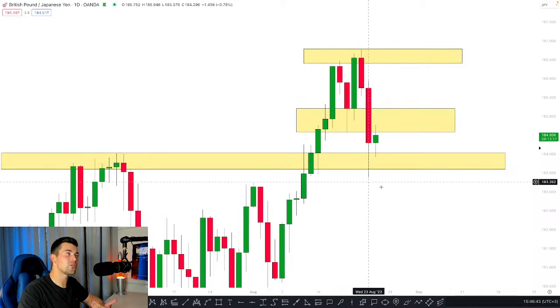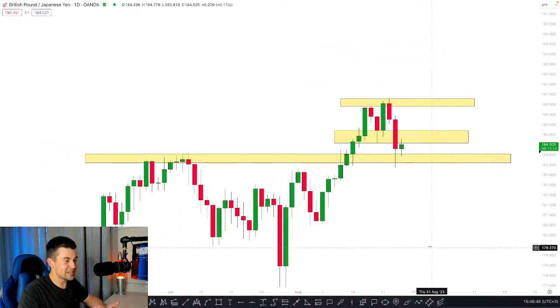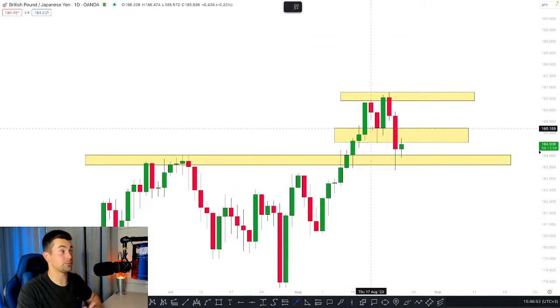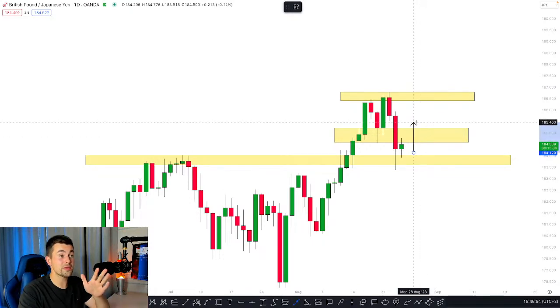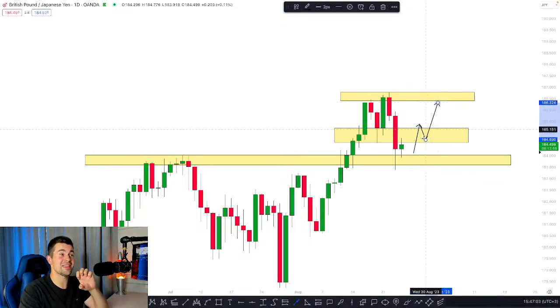So, from a current perspective, the pound yen pair still looks bullish, and your bullish confirmation here on pound yen will be the bullish breakout of that horizontal resistance series. If the price violates that, if we close above that, then it will be a strong bullish signal for us.